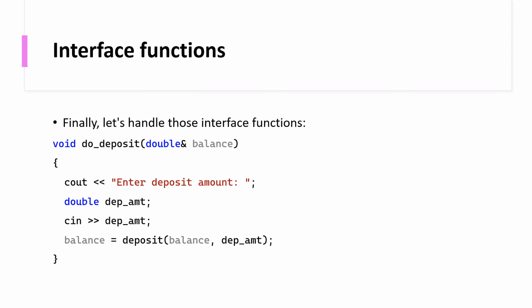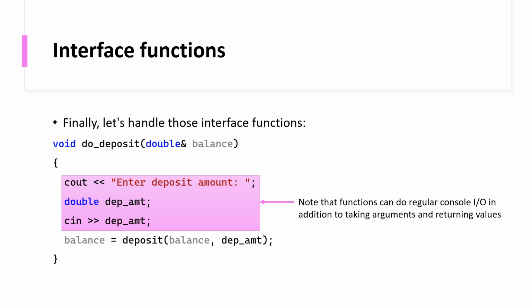Now let's look at the interface functions. Note that functions, even though you're passing them arguments and they're possibly returning values, can also do regular console I/O. This is a void function, so it won't return a value. So this function can ask the user to enter a deposit amount, and the user enters the amount.